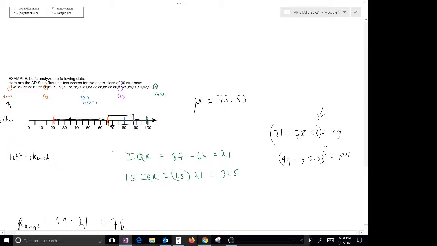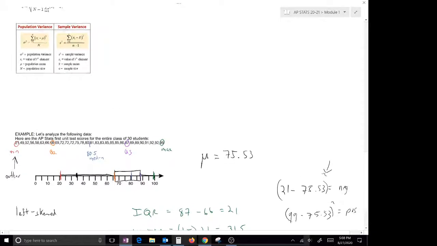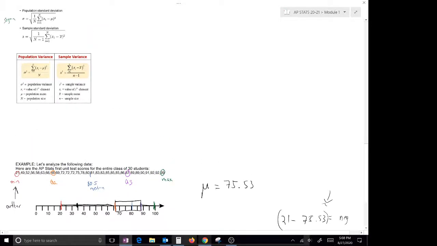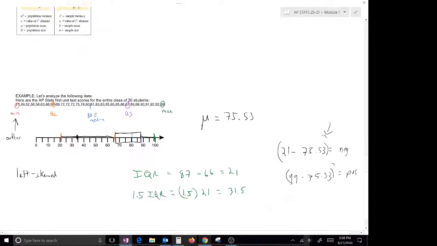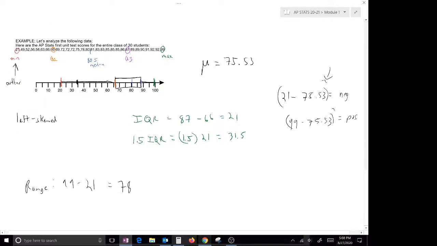It's going to get much more exaggerated. So we fix that by then taking the square root, and that gives us standard deviation.